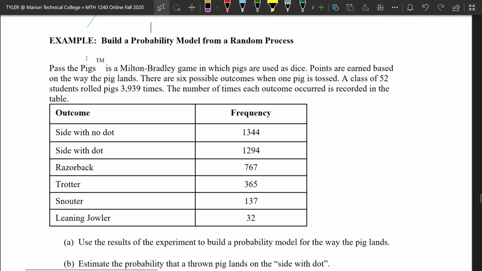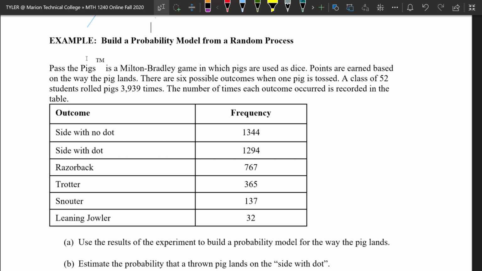In this next example, we want to build a probability model from a random process. Pass the Pigs is a Milton Bradley game in which pigs are used as dice. Points are earned based on the ways the pig lands. There are 6 possible outcomes when one pig is tossed, and those are in the table below. A class of 52 students rolled pigs 3,939 times.